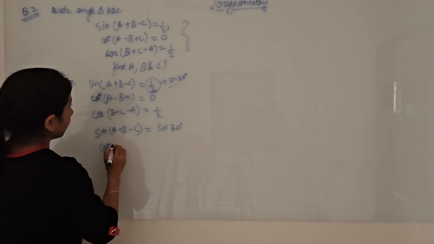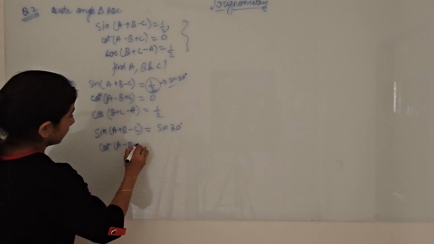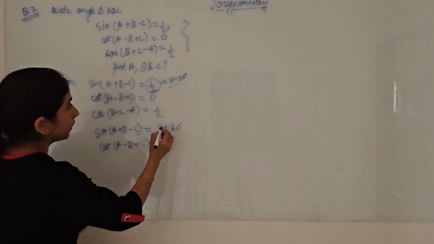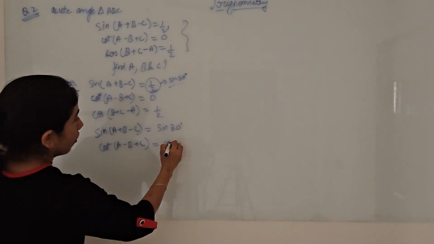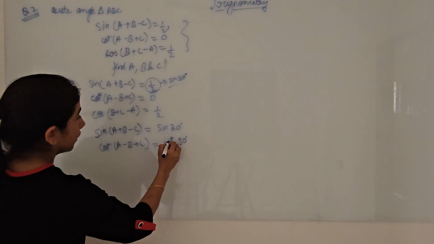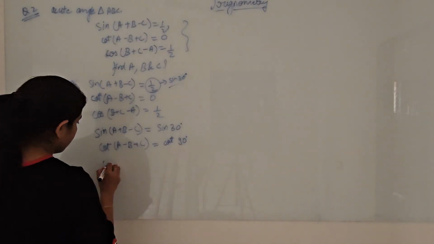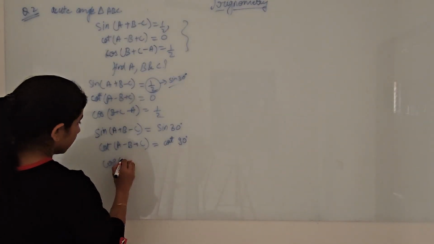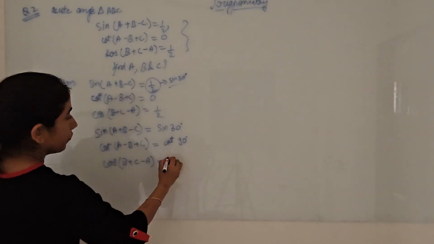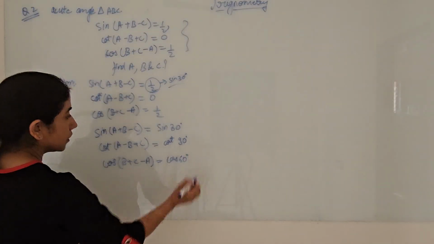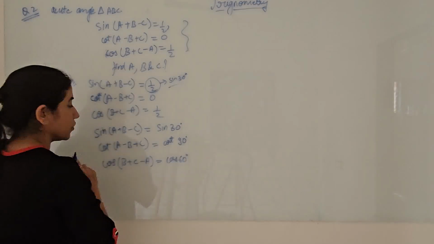Similarly, when cot of A minus B is equal to 0, cot is equal to 90 degree, right or not? When cot is 90 degree, then its value is 0. Similarly, for cos, it is given as B plus C minus A. When it is half, cos is 60 degree. These are my equations given.